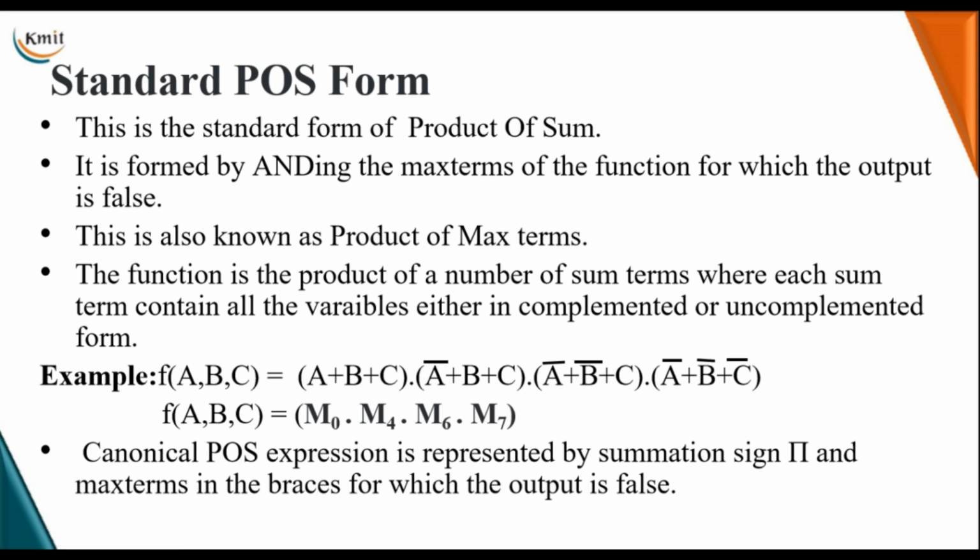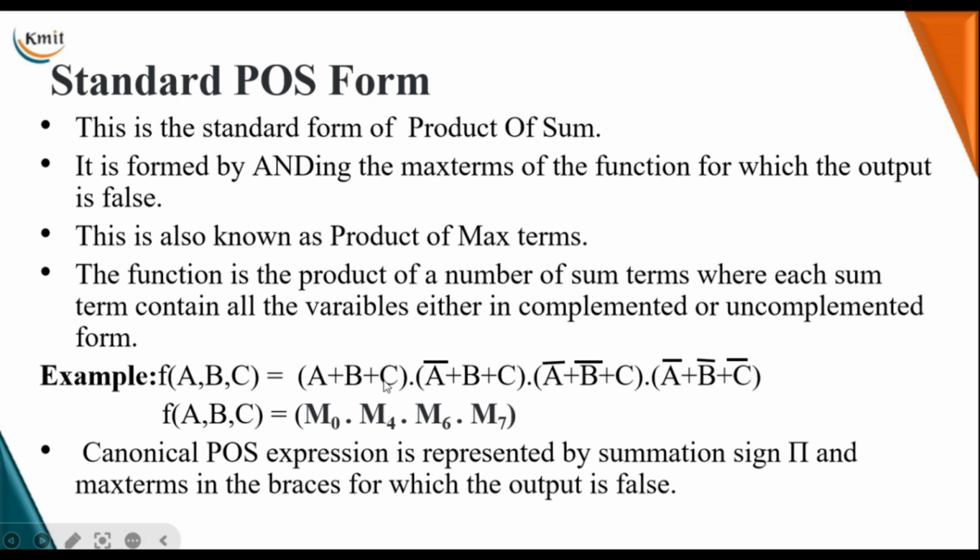So now, the way of representing f of a, b, c using variables is that we have to represent all the maxterms as sum terms using our variables. Here I have mentioned a or b or c is one of the maxterms, where the variables are represented without complement.